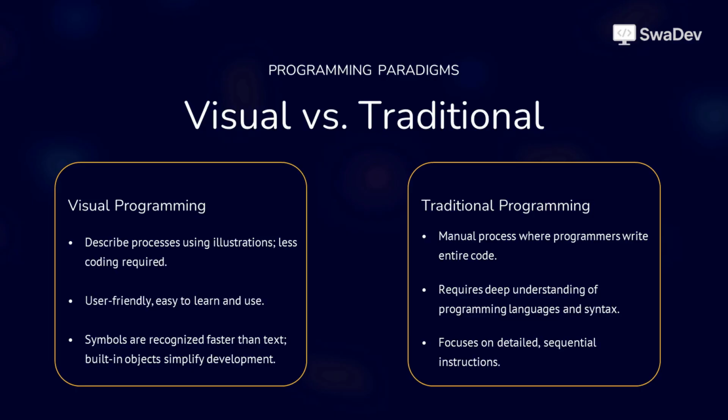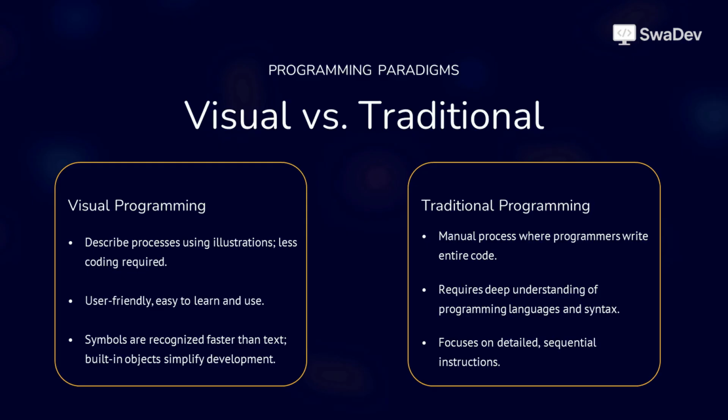Visual programming is very user-friendly and easy to learn and use. But traditional programming requires a deep understanding of programming languages and their syntax. In visual programming, symbols are recognized faster than text, and built-in objects simplify development. Traditional programming focuses on detailed sequential instructions.